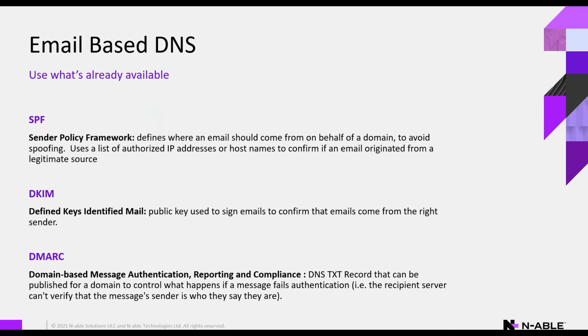DKIM is another way of verifying that emails come from the right sender, and that's a public-private key pairing that makes that happen. And then DMARC is an extra set of compliance and controls that go along with all of this.